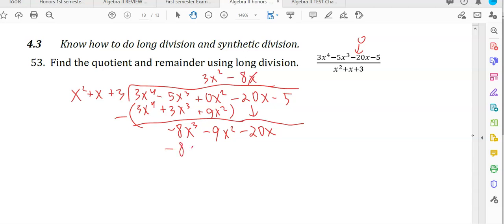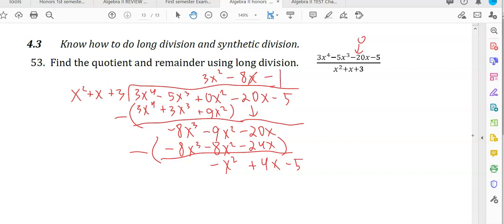So you get negative 8x cubed minus 8x squared minus 24x. You're going to subtract everything there. So you get negative x squared plus 4x minus 5. Okay, x squared times that is minus 1. So we know we're done up there.